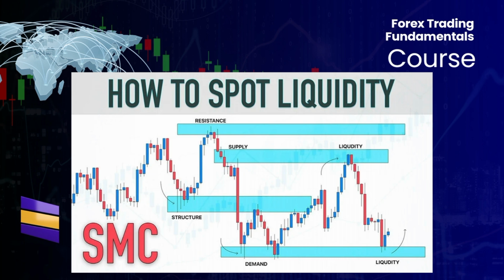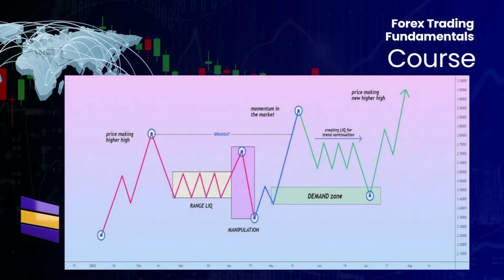Now, when you talk about liquidity, according to this chart, as you can see right here, you must talk about structures. We have the demand structure, we have your supply zone, your resistance and all of that, which is very important. Briefly, that is what it looks like.